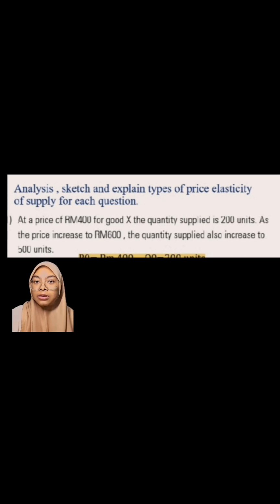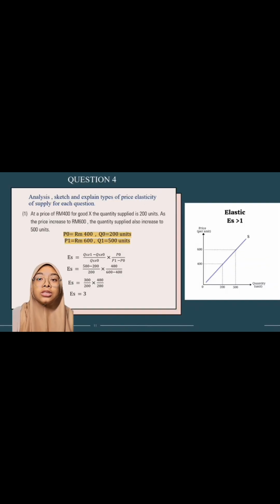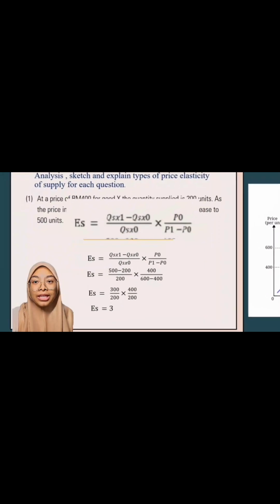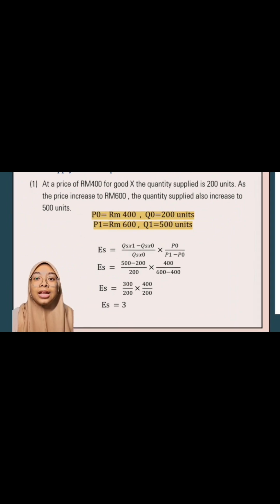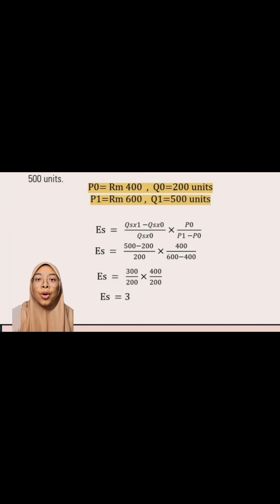To find the type of price elasticity of supply, what we need to do is use the formula to calculate price elasticity of supply. Elasticity of supply equals the percentage change in quantity supplied of good X divided by the percentage change in price of good X. Next, we need to list the details needed into one table so that it will be easier to fill in the existing formula.